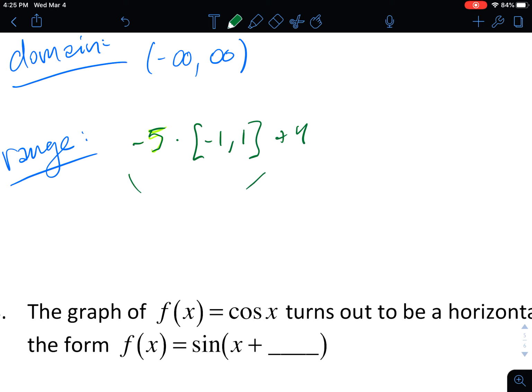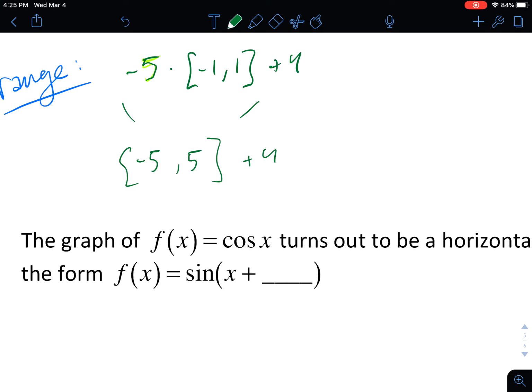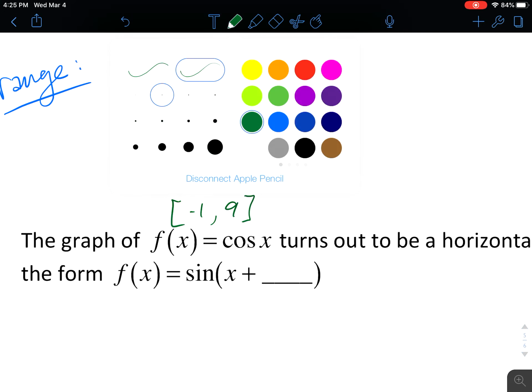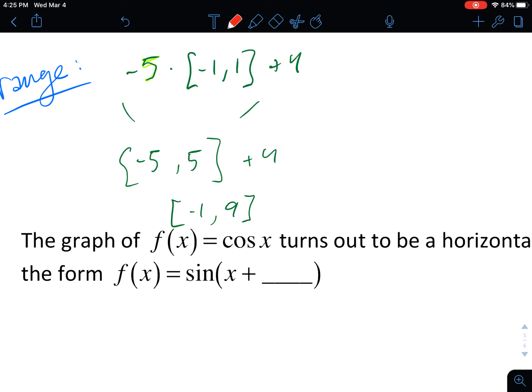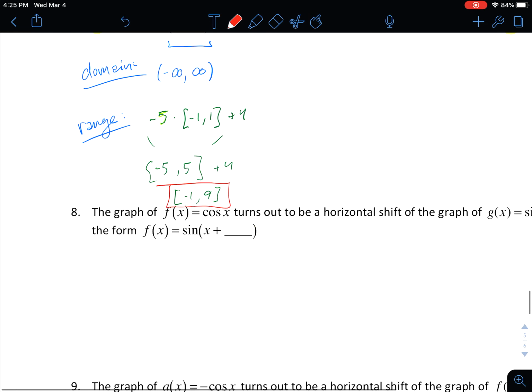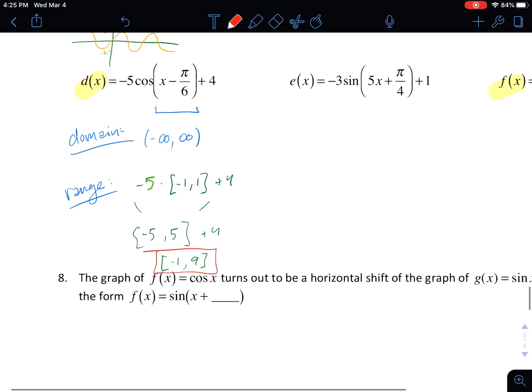And so that means that this will be something on the range negative 5 to 5 plus 4. And so our range will be negative 1 to 9. Negative 1 to 9 as our range.